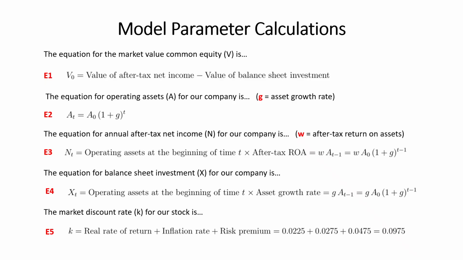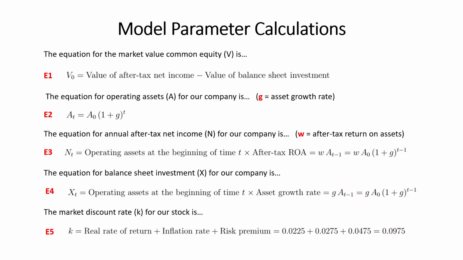And my market discount rate for our stock is small k, and that's going to be very similar to the bond case. It's going to be the real rate of return, same, inflation rate, same, but my risk premium is going to change. So rather than having something like a low 1.7% for my term bond or my perpetual bond, it's going to be higher than that because the inherent nature of common stock is that they're more volatile and more risky than bonds.